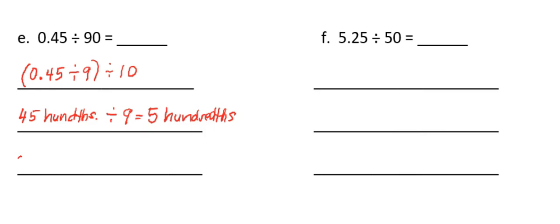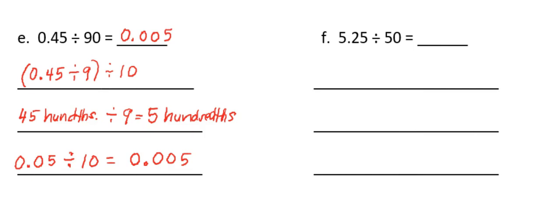I'll write that answer in number form. So there's my 5/100, and now I'm going to divide that by 10, which means that 5 is going to get 10 times smaller, and it will shift over 1 decimal place. So instead of 5/100ths, it's now 5/1000ths. That tells me that 45/100ths divided by 90 equals 5/1000ths.